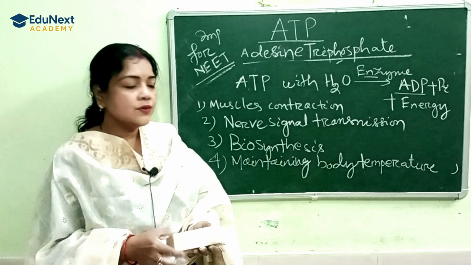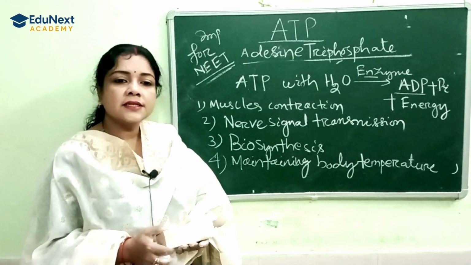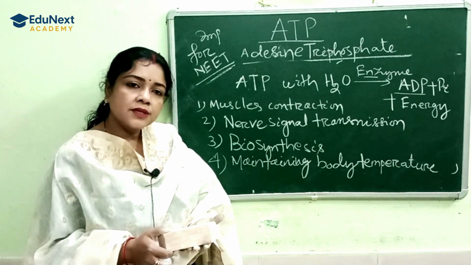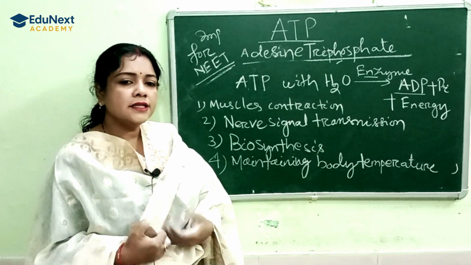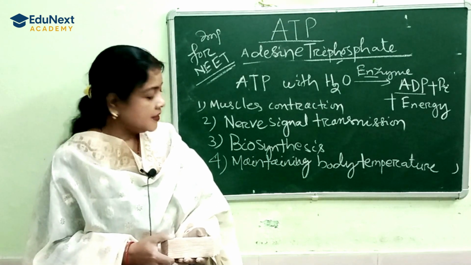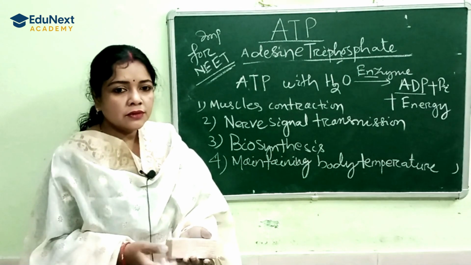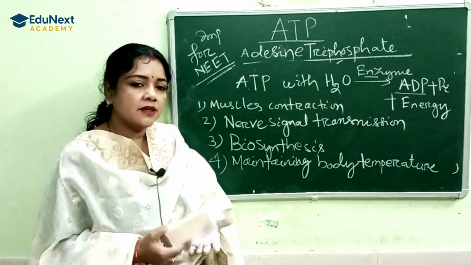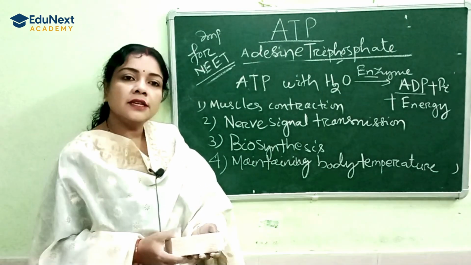Next one is biosynthesis, like protein synthesis, DNA replication, enzyme formation. These are all continuously happening inside our body. That also requires ATP. Another one is body temperature, which is very important. To maintain body temperature, we also require energy from this ATP.